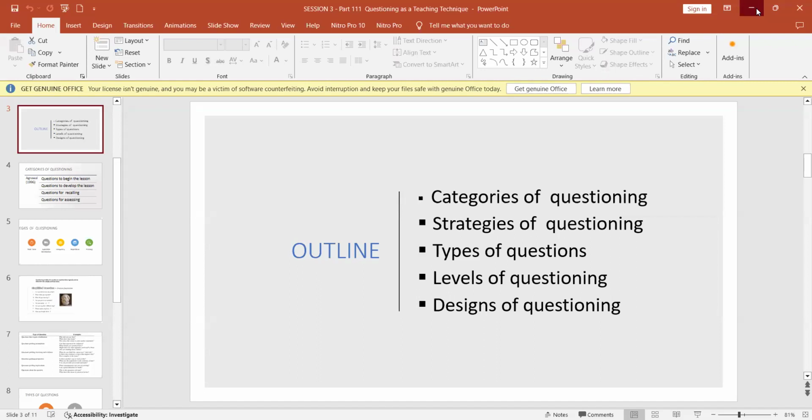There are two main types of grouping. How many types of grouping? Two main types. Can you have a wild guess and tell me what the two main types of grouping are? As teachers, you might be using this.